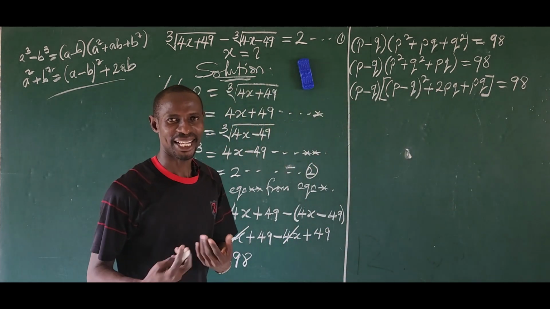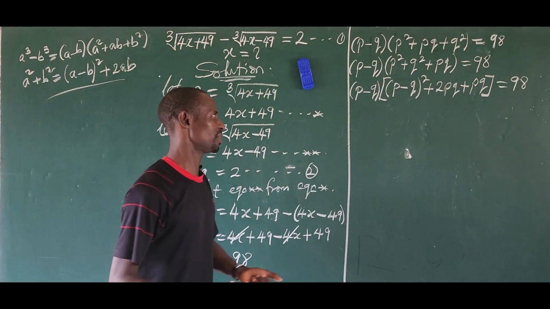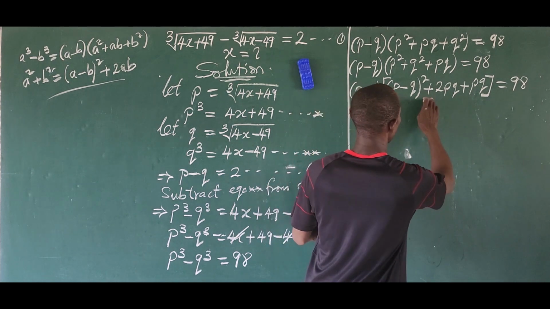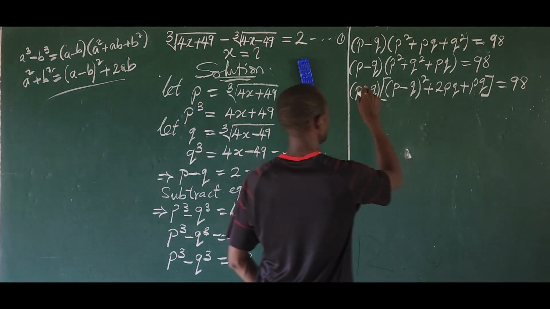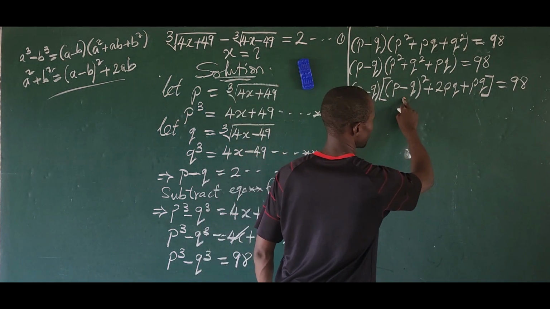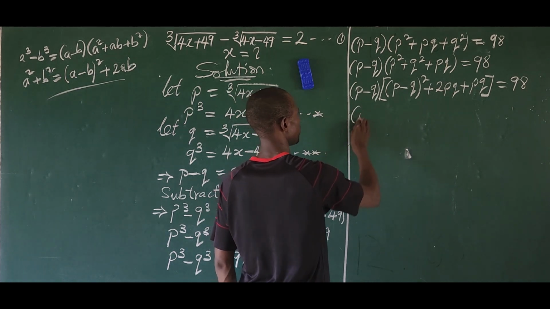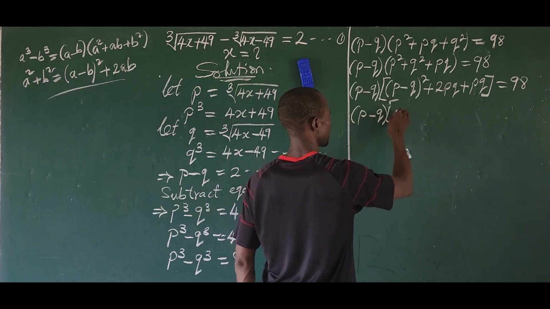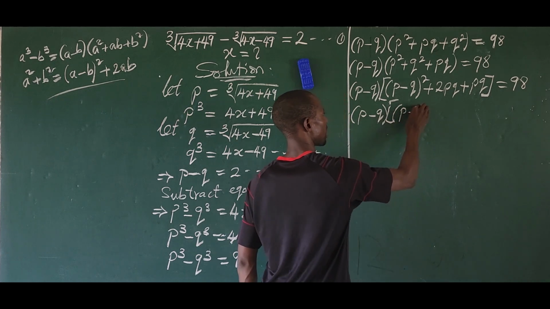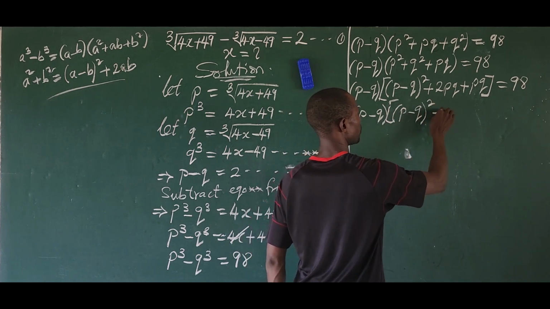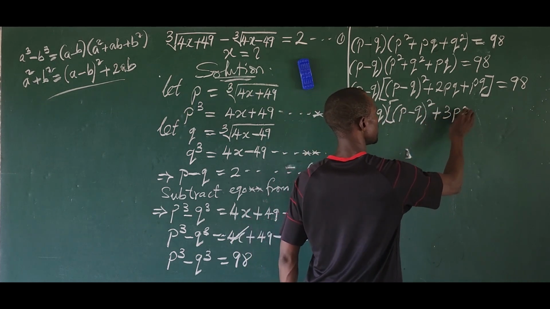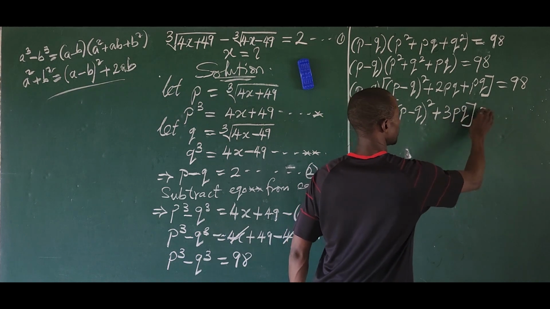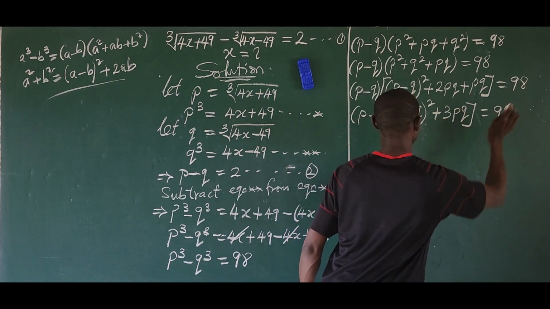I told you this is a bit technical, but we're going to get it. We cannot add these together yet, but we have the values, so we substitute. This now gives us (P − Q)[(P − Q)² + 3PQ] = 98.